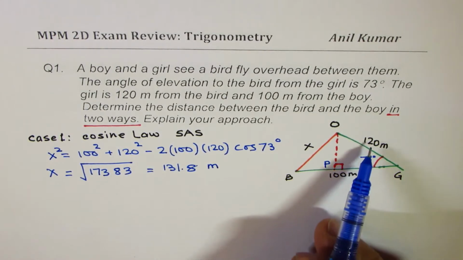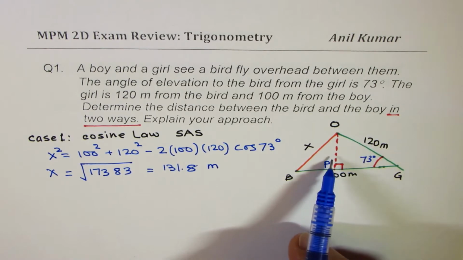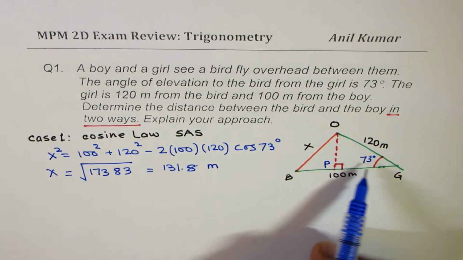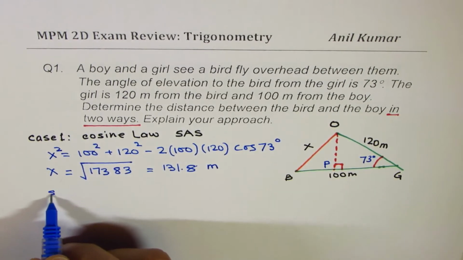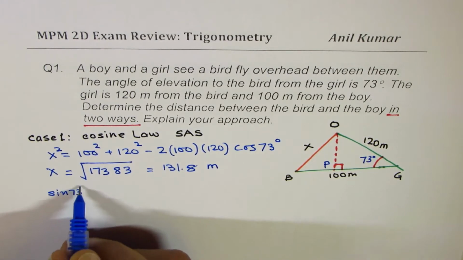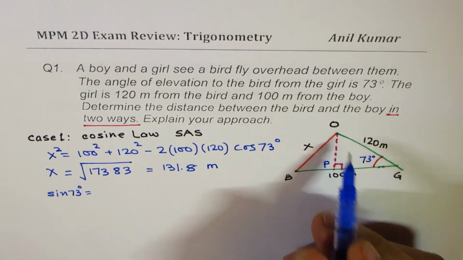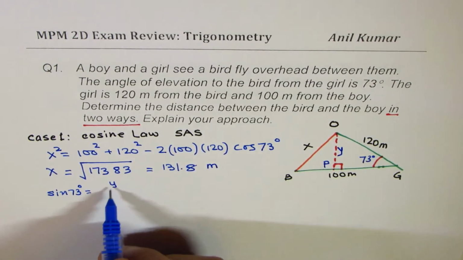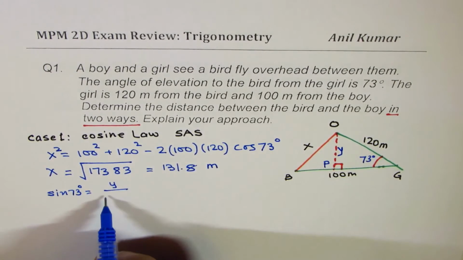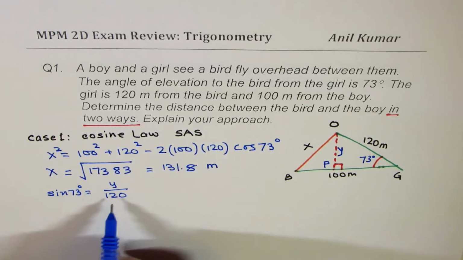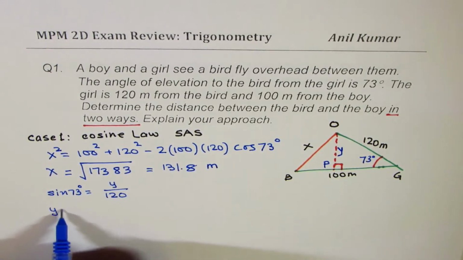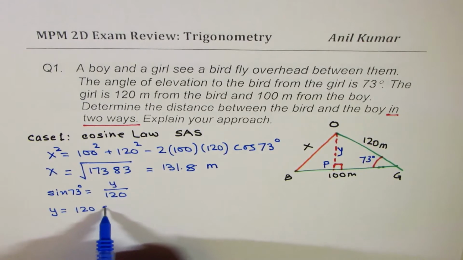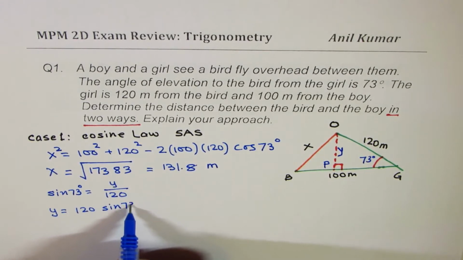We know the hypotenuse and the opposite side. That means we'll use sine of 73. So sine of 73 degrees is equal to the opposite side, which we don't know. Let's call it y. y over 120, correct? And from here we can find y. y is 120 times sine of 73 degrees.